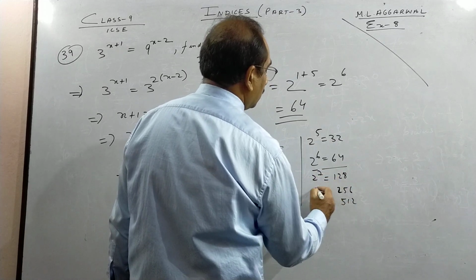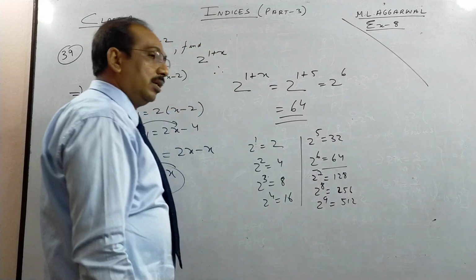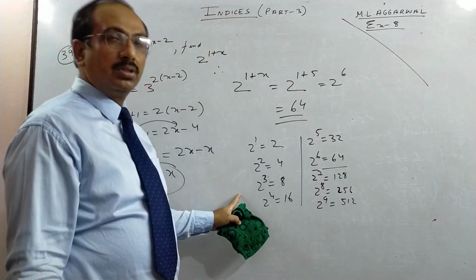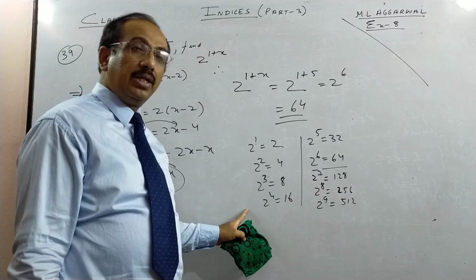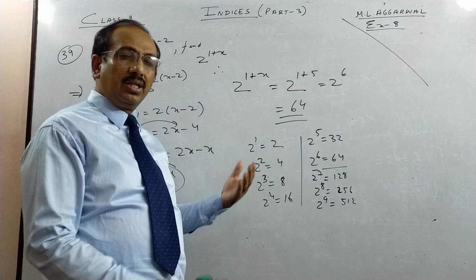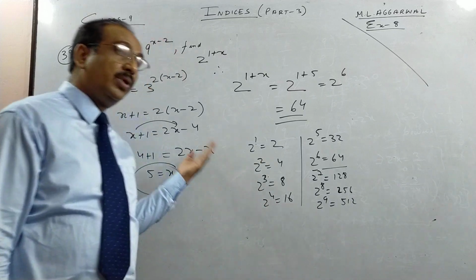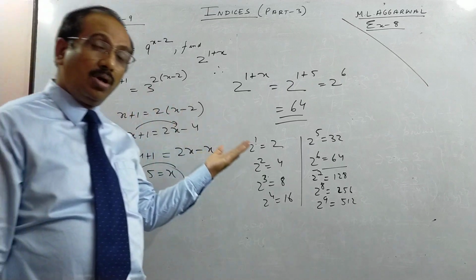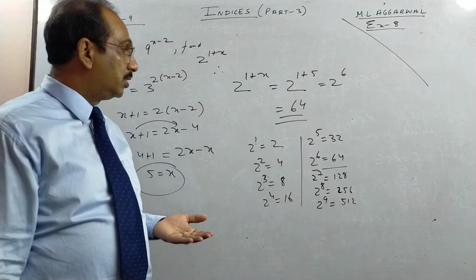You can go on and learn. Same way for 3 also: 3, 9, 3 squared, 3 to the power 3, 27, 81, 243. 5 also, 7 also, at least till power 3 and 4. So these are very important when you do indices, when you do logs, and they are applied in many other chapters.